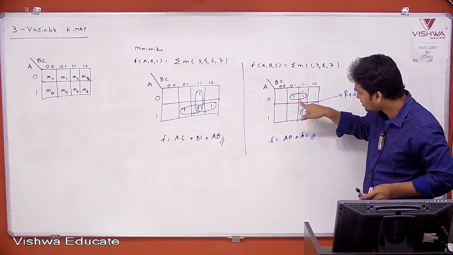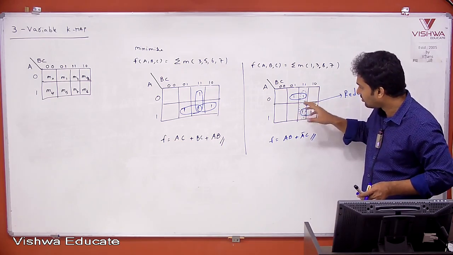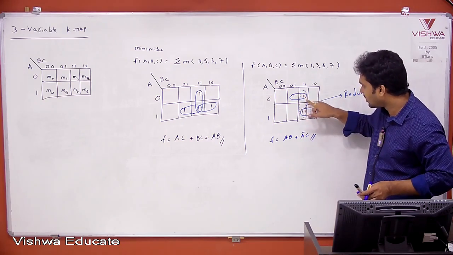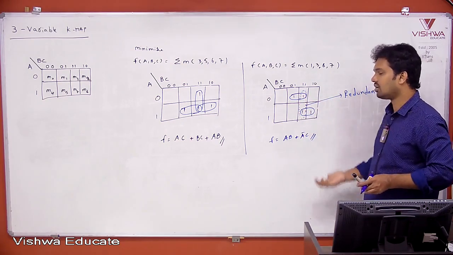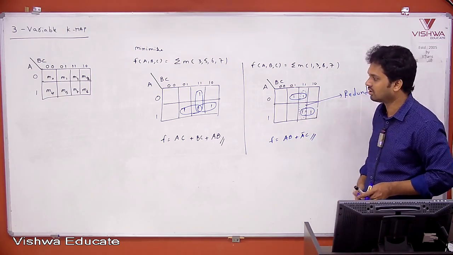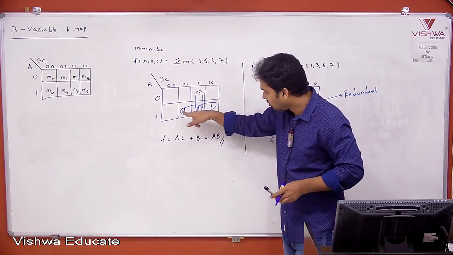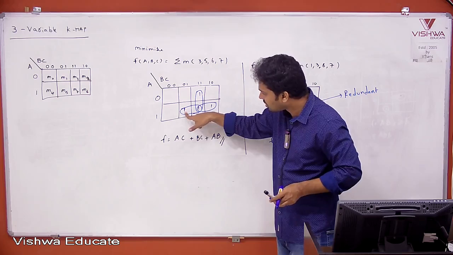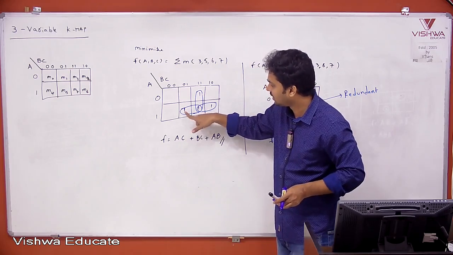You have taken this one, that one, all ones are already covered. By taking this pair, you are getting one extra term in the output which is not required because all ones are already given in the expression. But here, if you take this pair, you are taking this one into the pair which is not covered already. Is it clear?